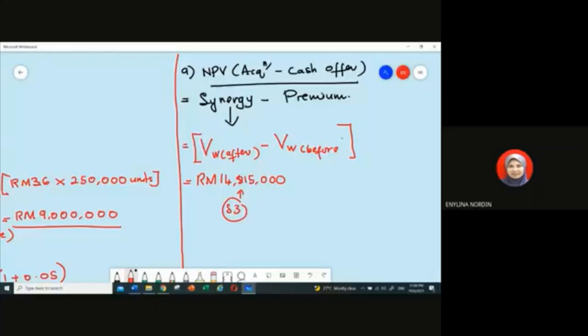And then you minus the value of Wangsa before the acquisition, that is RM9 million, which you obtain from step 1. Then you can find the synergy.